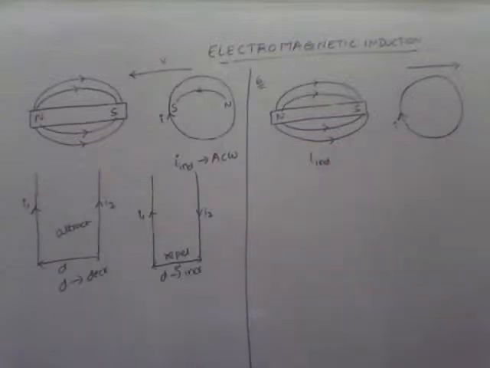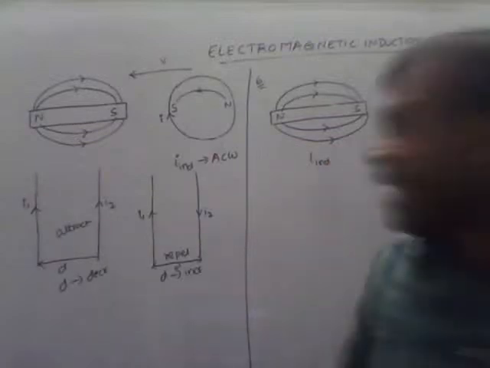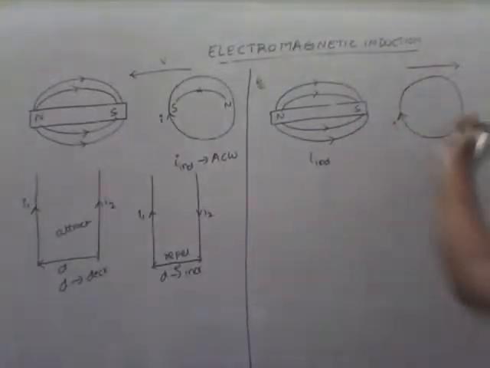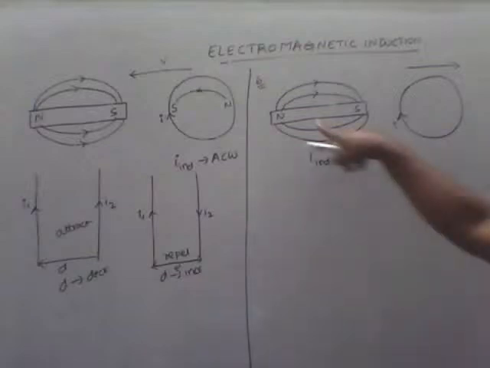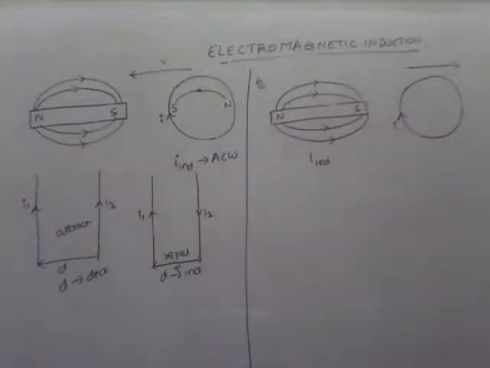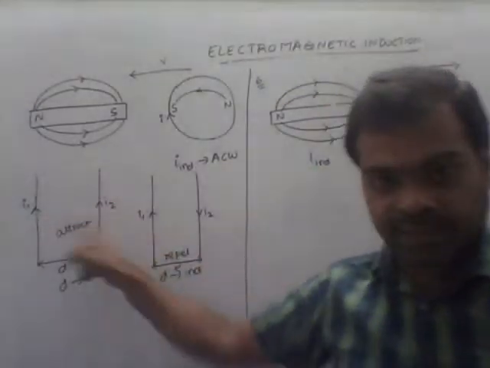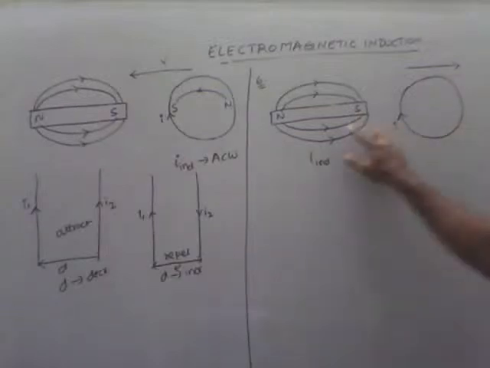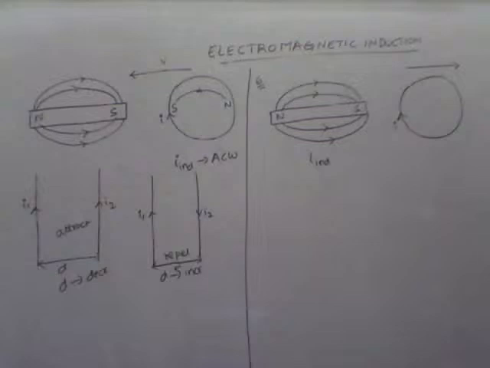Now I want to find the induced current, under which case the magnet will attract the coil. That means whenever the current is moving in the same direction like this, the magnet will attract.